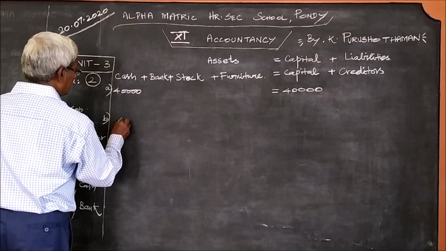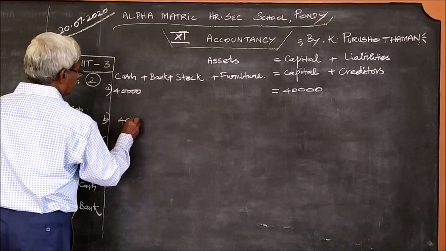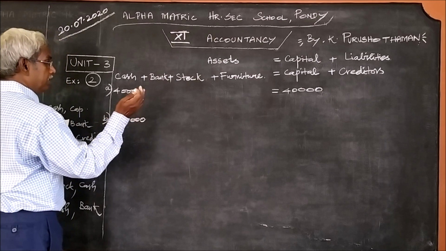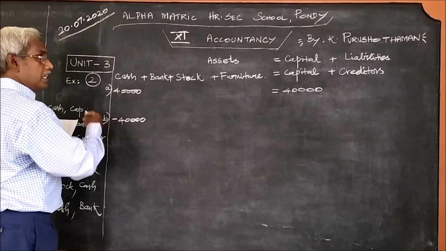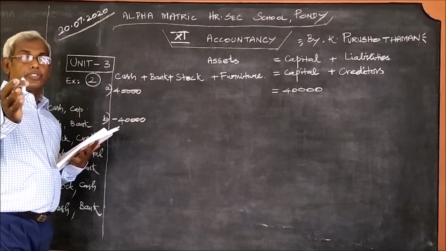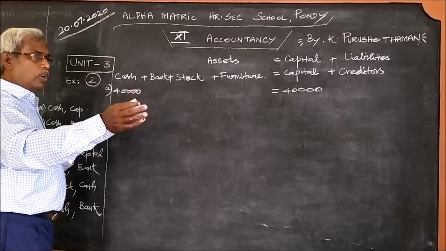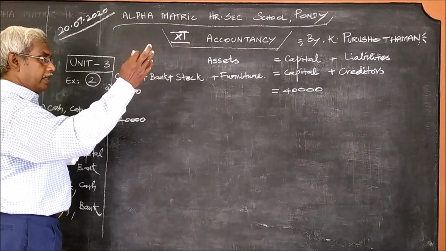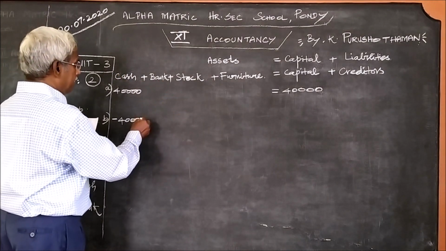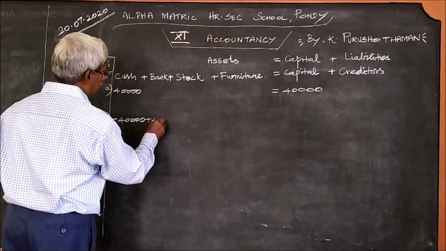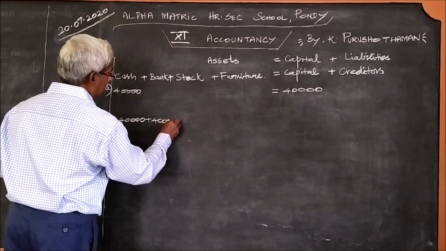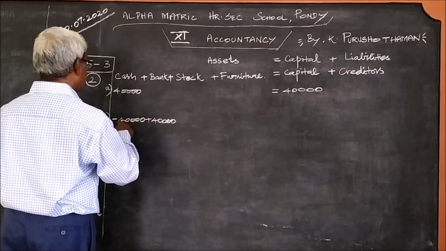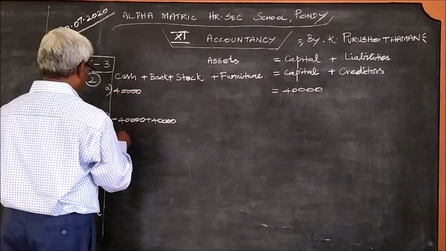When bank account is opened, the cash goes out. When something comes in, it is a plus. When something goes out, it is minus. When account is opened, cash is going from us and it comes into the bank. It comes into the bank, plus; cash is going out, therefore it is minus.